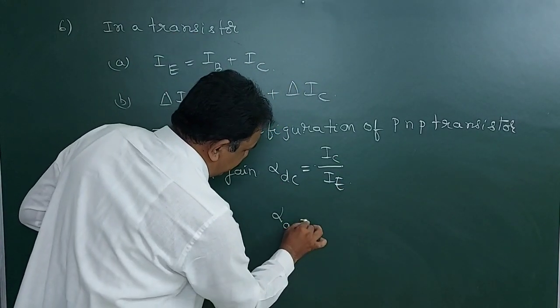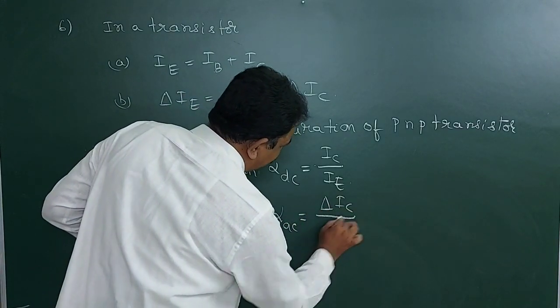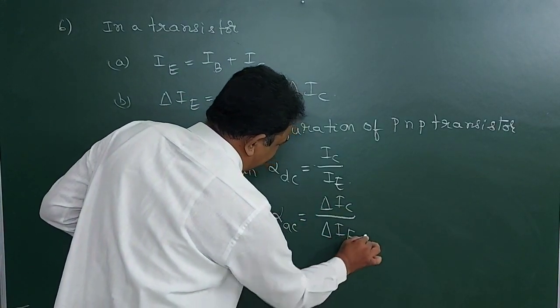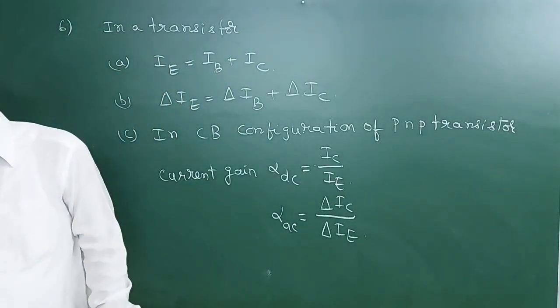Alpha AC is equal to delta IC by delta IE.